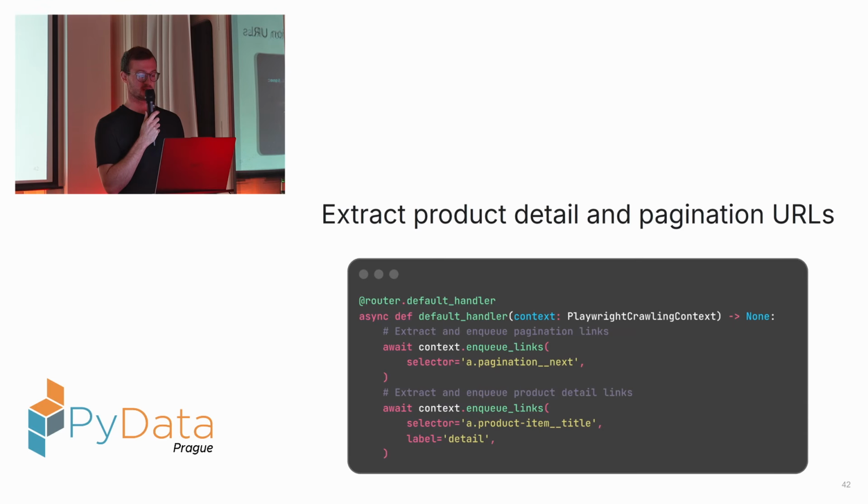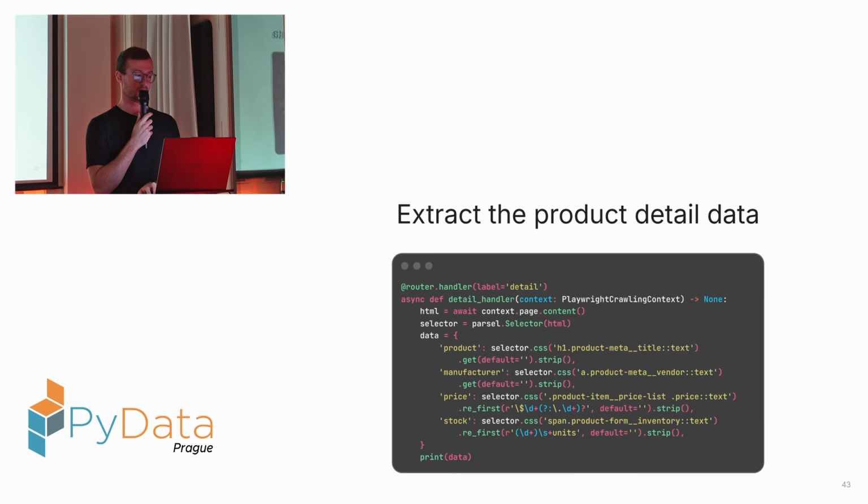And we can see here one difference: here is the label detail, meaning that it will not go to this default handler, but instead it will go to this detail handler, which is the place where we will do the data extraction. And as you can see, we can extract more data here. So let's say I decided to extract also the manufacturer and the stock availability.